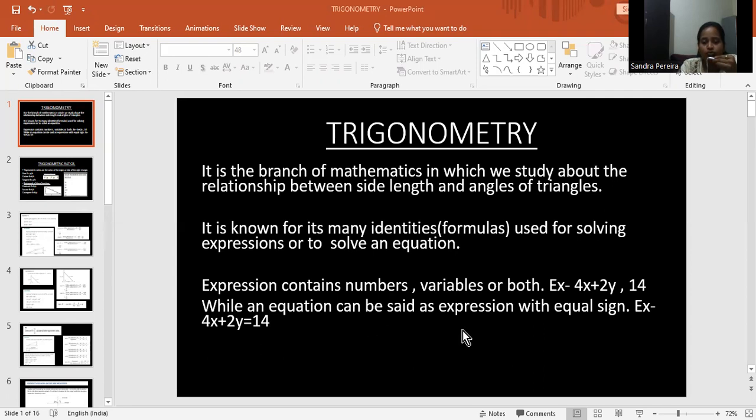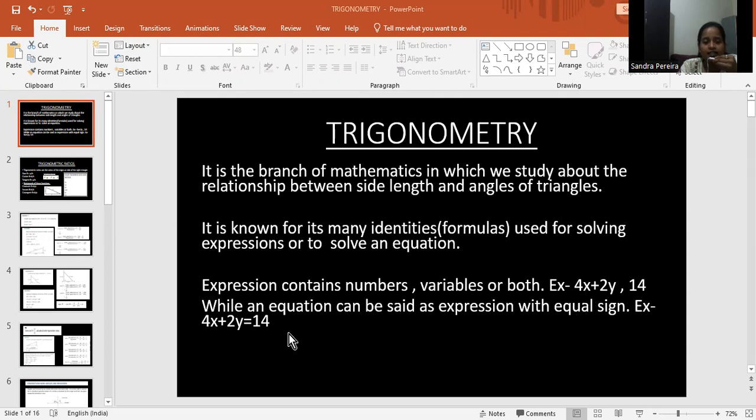As you know, in algebra, the algebraic terms here are 4x plus 2y, and this is the constant term 14. So expressions contain numbers, maybe variables also, that is x, y, or maybe both numbers and variables.